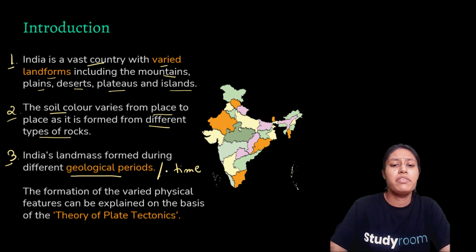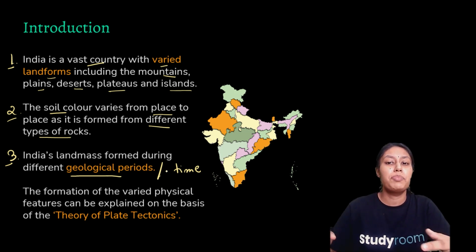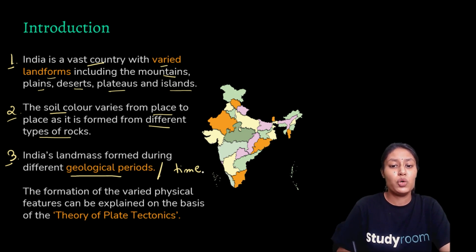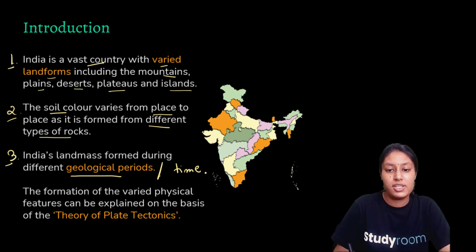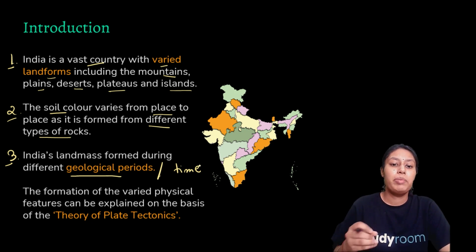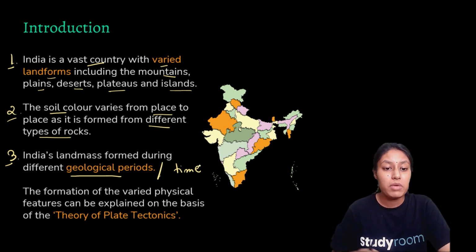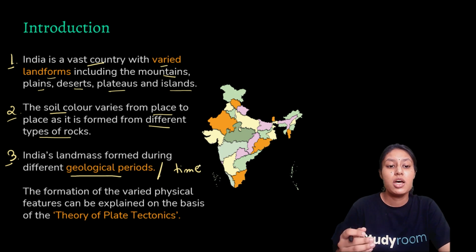We have different types of periods segregated. If I go into detail, there is one period called the Paleozoic period, then the Mesozoic period, then the Proterozoic period, which is referred to as the period of dinosaurs. So basically it is the duration of time in which India's landmass was formed.